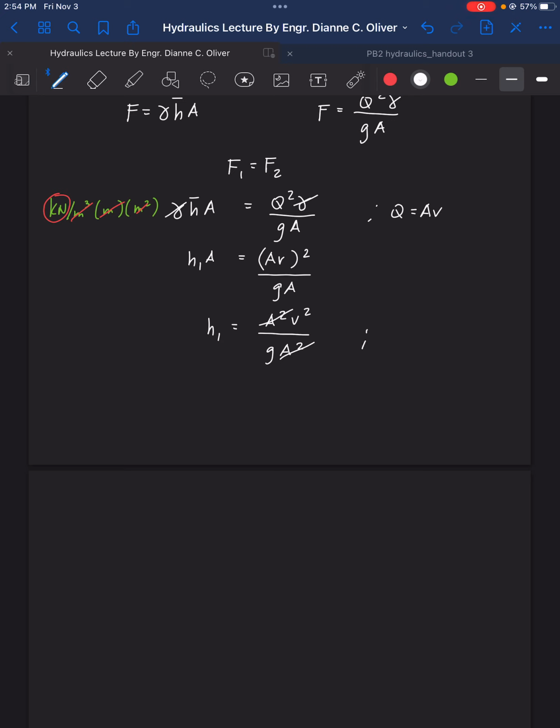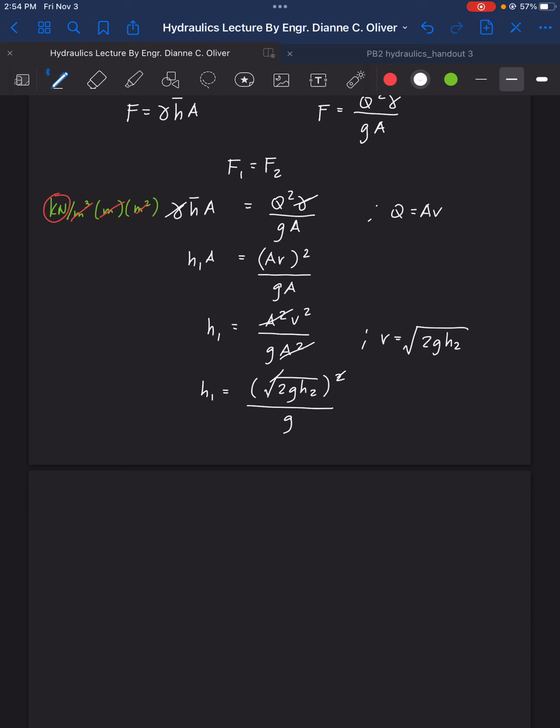And knowing that V for the orifice is the square root of 2gH2, H1 is equal to the square root of 2gH2 squared over g.